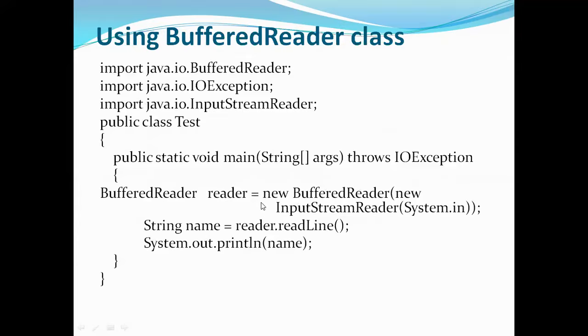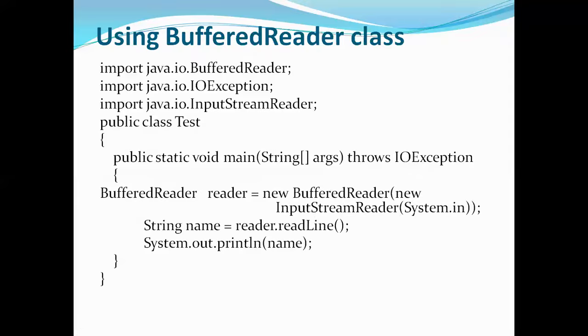Here I'm creating the object for BufferedReader: BufferedReader object equals new BufferedReader, and as I told, it will be reading the characters and storing them in the buffer from this InputStreamReader, which converts the input into characters. That will take the input from the input stream, that is System.in.